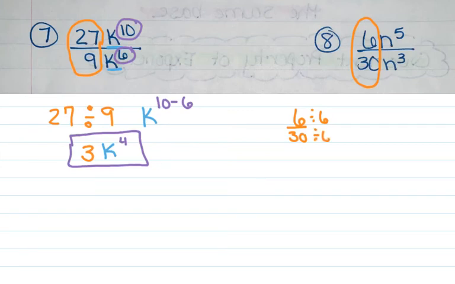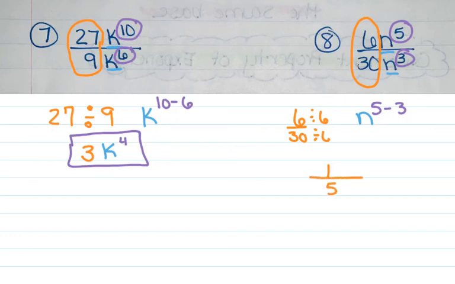Okay, and then my base here, we have n and n. And then I have my exponents of 5 and 3. So this would be 5 minus 3. So 6 divided by 6 is 1. 30 divided by 6 is 5.